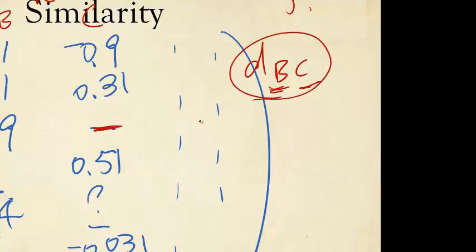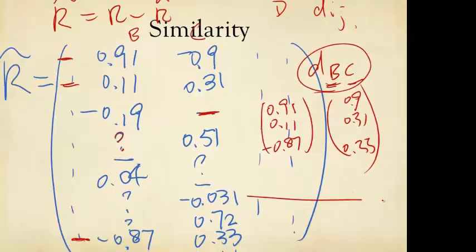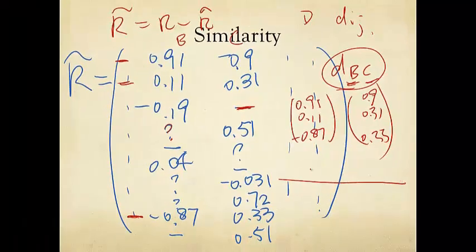So we're looking at basically 2 vectors: 0.91, 0.11, minus 0.87, and 0.9, 0.31, and 0.33. And we'll look at the difference between these 2 vectors by looking at their inner product. So 0.91 times 0.9.